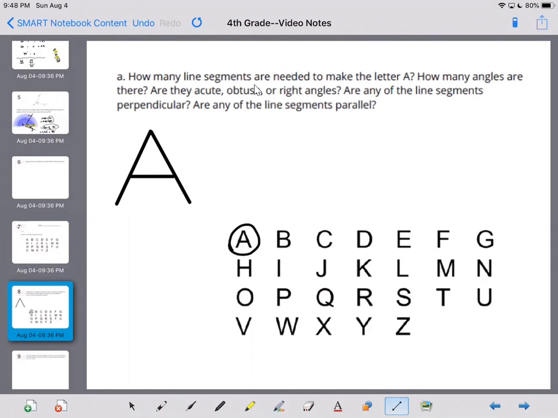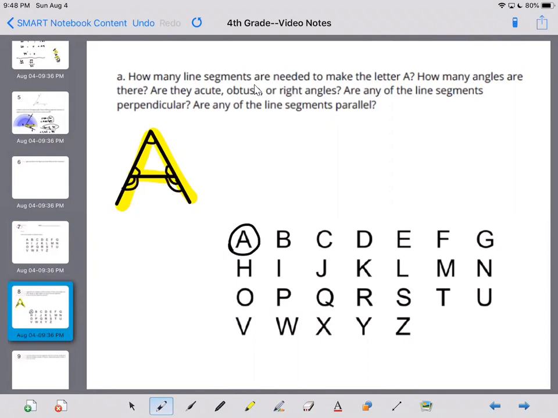When we look at letter A, it's composed of 3 line segments. So we can see the 1, 2, 3 line segments. They meet in 3 different places. They actually form 5 different angles. They form an angle here, 1, 2, 3, 4, 5 different angles.